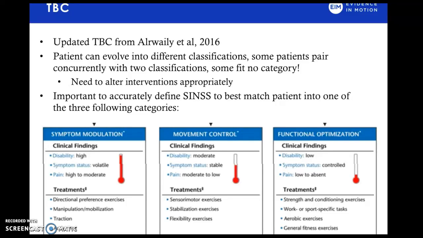And so I think that's a very important point. It's a guide to us, but not an end-all be-all with respect to patient care. And I think that's really a pro of the treatment-based classification, in that we can use this as a very good guide, but then have the freedom to use our clinical decision-making skills to provide top-notch, high-quality care.